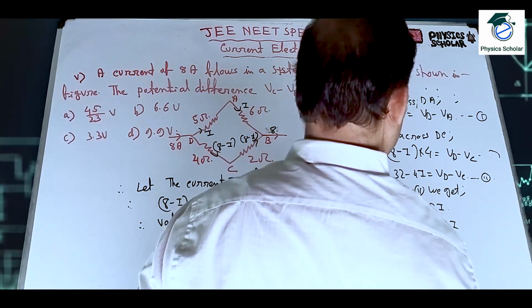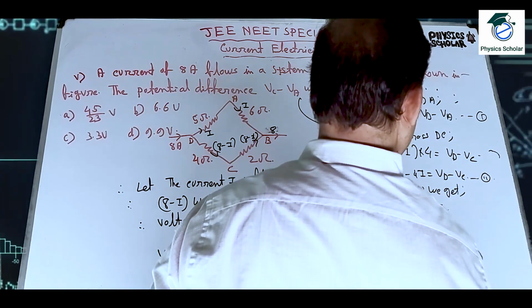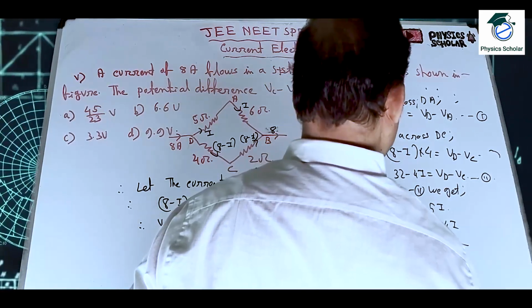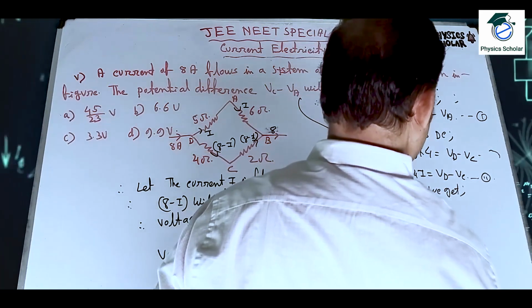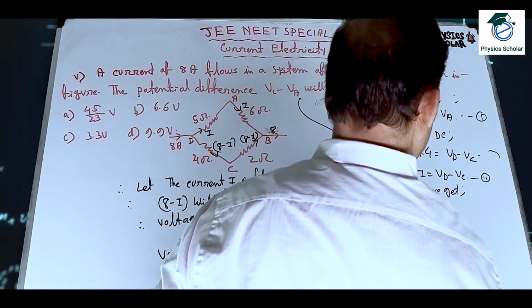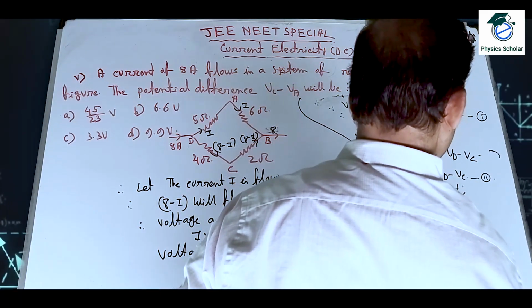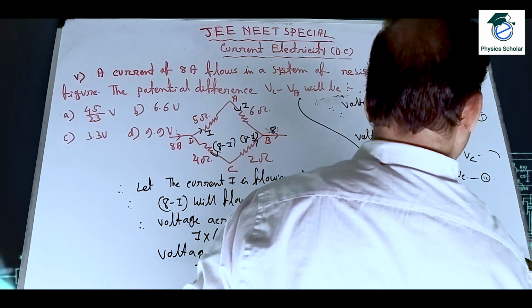So minus, plus, this will cancel. So VC minus VA is equal to minus 32 plus 9I, which is 9I minus 32.